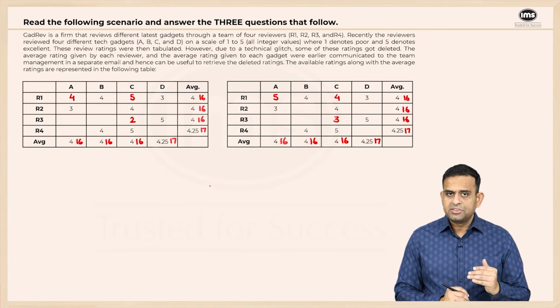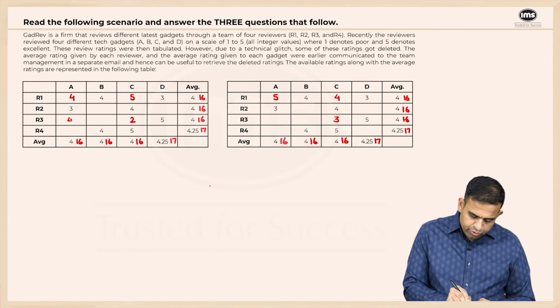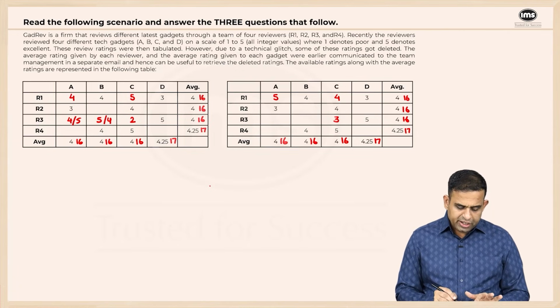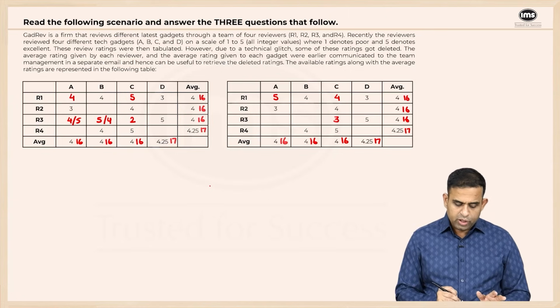So the sum of the ratings received by gadgets A and B from R3 must be equal to 9. So it will be 4, 5 or 5, 4 in some order. Let's put 4, 5 or maybe 5, 4. Now what is going to happen in this particular case, if I look at this scenario, 4 plus 3 plus 4 will become equal to 11.